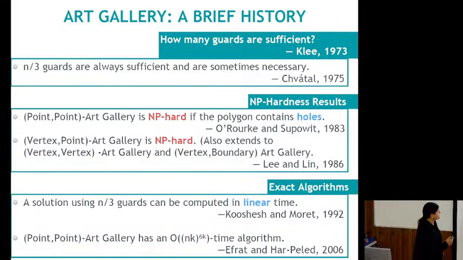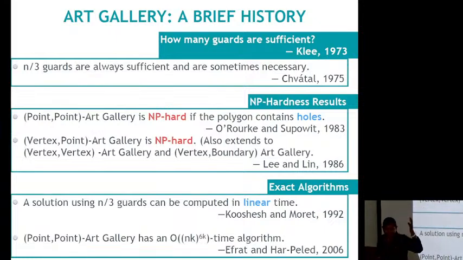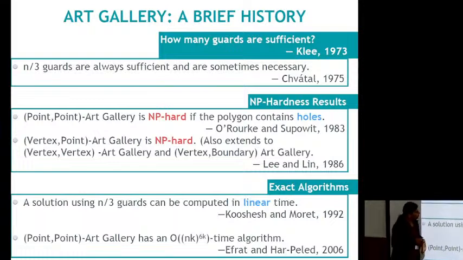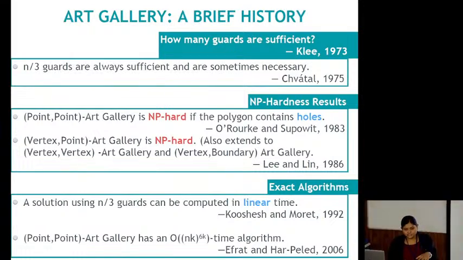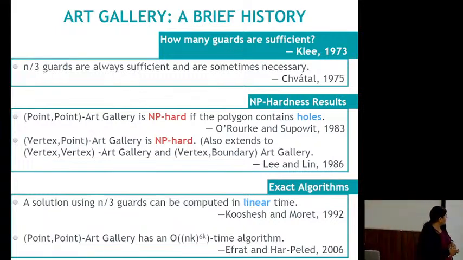We have NP-hardness results, starting from an NP-hardness that needed some holes in the polygon, and then those constraints were lifted. Most of the versions that I described, this XY version, where X and Y are either the vertices, points, or boundary, for any choice of the pair of them, are all known to be NP-hard.